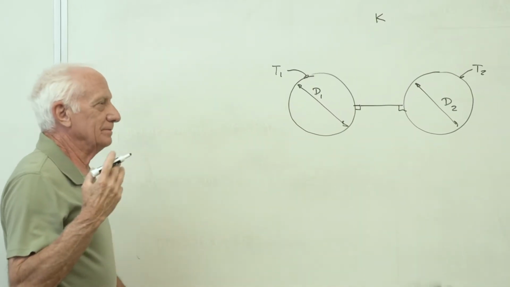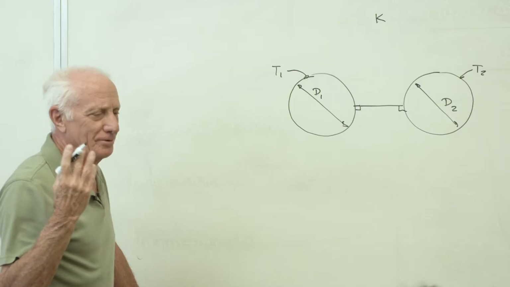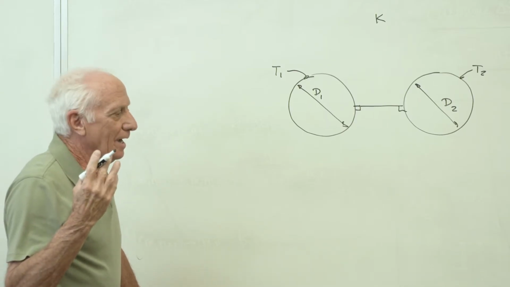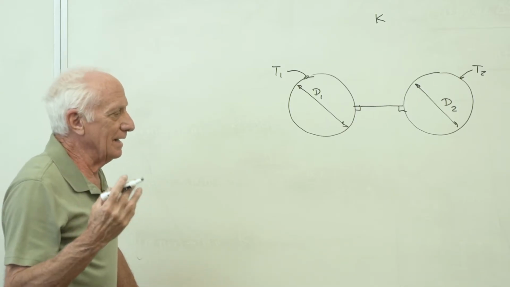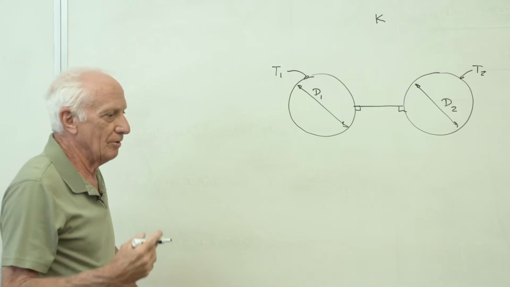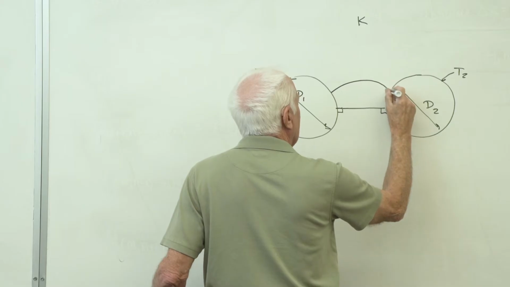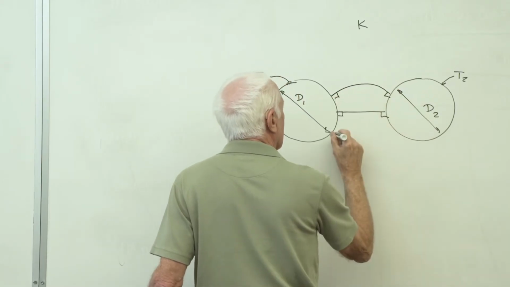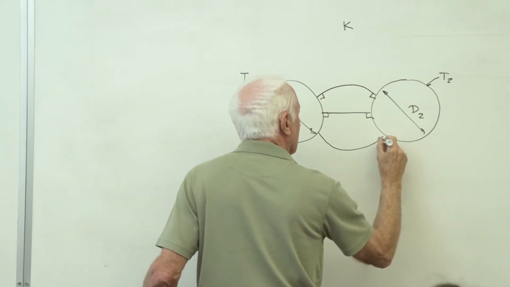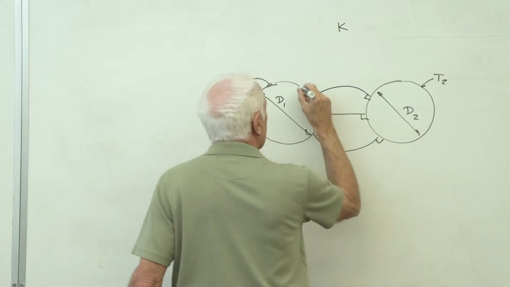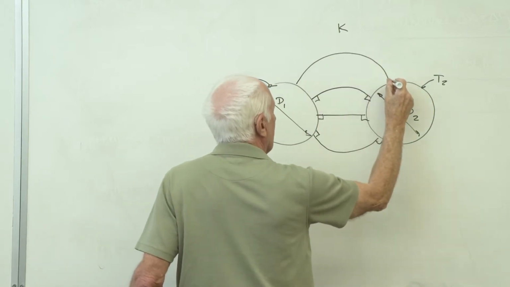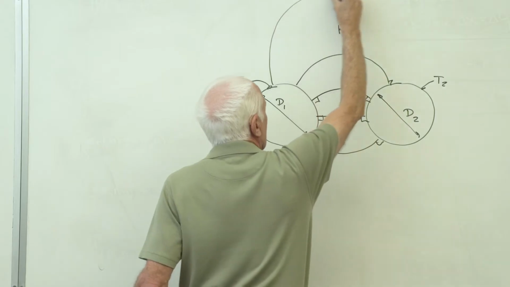Now I think it's one of the rules, I forget, 3 or 4: when an adiabat intersects an isothermal boundary, it does so at right angles. Okay, right angle, right angle, right angle, right angle, and so on.